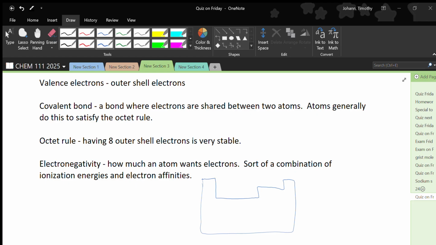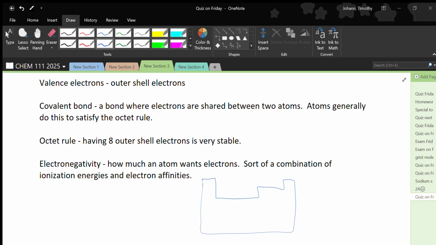Looking at the periodic table, what would you think the trend would be if I was to draw a trend of how much an atom wants electrons? How do you think it increases based on what we know? Yes, down and to the left. That's half of it, so good. I want you to think about it.